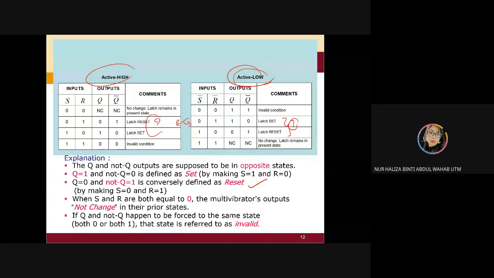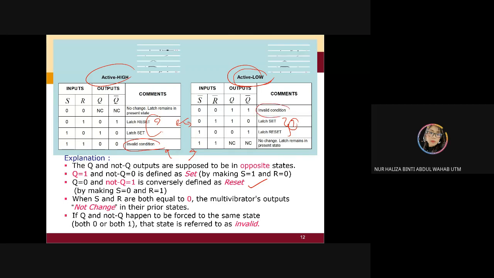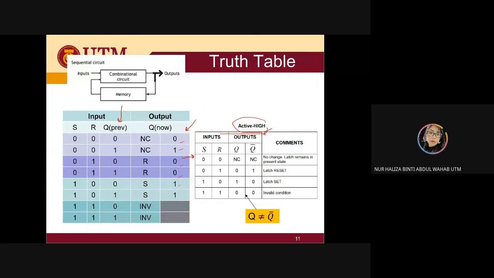So this is basically all the information on the derivation and about this table. But you can see here there is an invalid condition. Why is it invalid? We did not just assume it to be invalid.